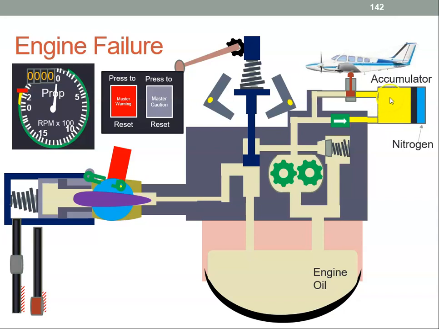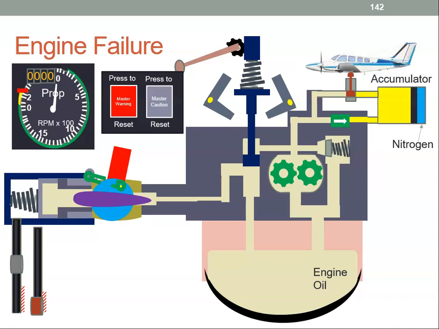So when the engine is operating normally, governor oil pressure is allowed to go into the accumulator here under high pressure. So it goes through this non-return valve, and that oil is kept in there until it reaches a particular pressure, and it's held at that pressure using this nitrogen.